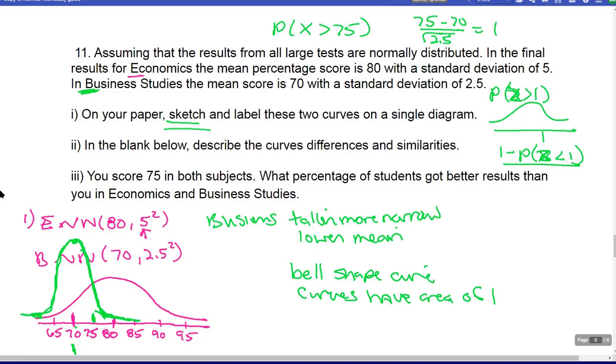Now, how would I do it for the pink one? You would do the same thing, right? Here, it's going to be a bigger number, isn't it? Because 75 is below the mean. This is going to be 75 minus 80 over the standard deviation, which is what?